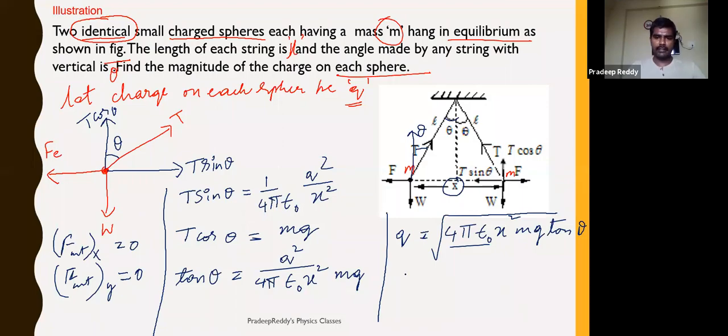And from the figure you can write tan theta is equal to the opposite side divided by the adjacent side. The opposite side is x divided by 2, divided by the adjacent side, which will be the square root of L square minus x by 2 whole square.